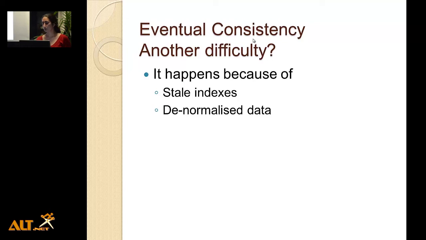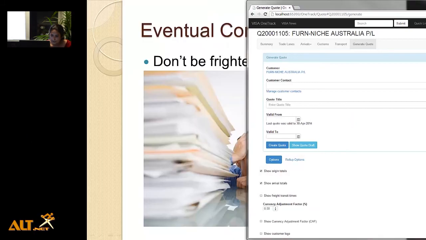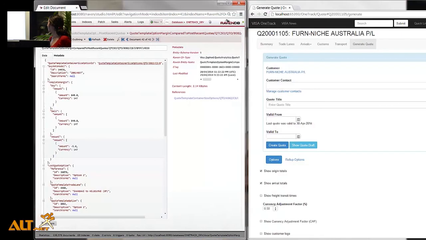I've got two important points for you that you need to consider when you think about eventual consistency. I'll show you an example in our system of how it is eventually consistent. If you look at RavenDB, it always shows you the number of stale indexes.